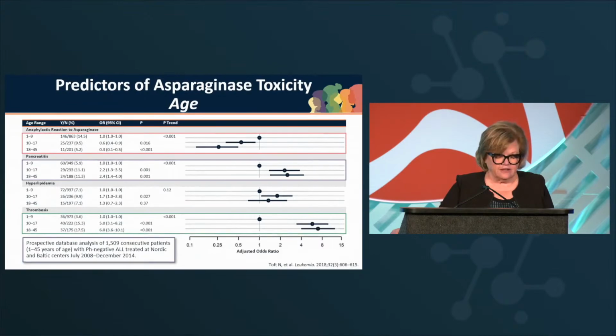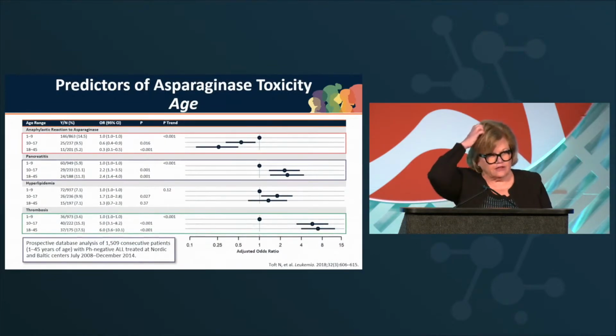Patients 9 and less are more likely to have some of the hypersensitivities. Our older teenagers are more likely to have the pancreatitis, and the changes on their lipid profile. And our older patients are more likely to have the thrombosis.